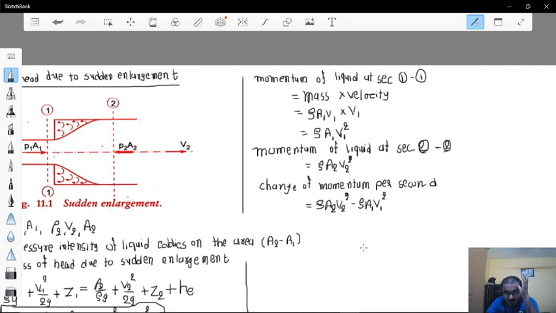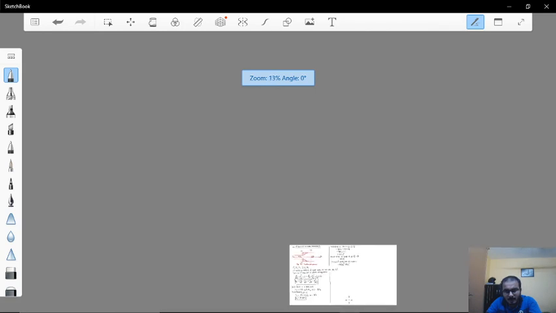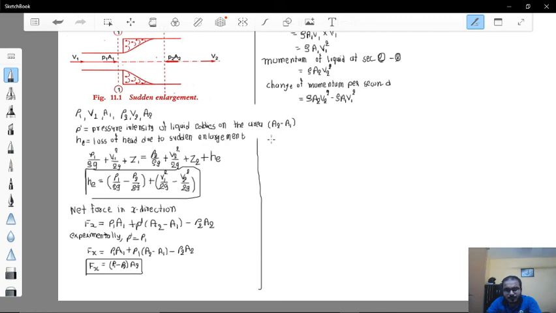Now from continuity equation, A1 V1 is equal to A2 V2.